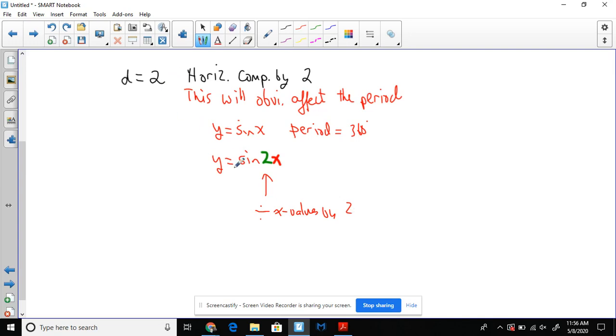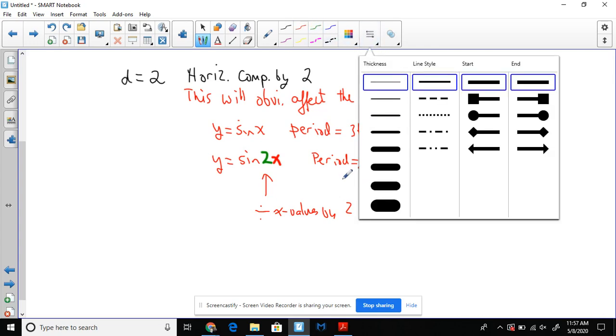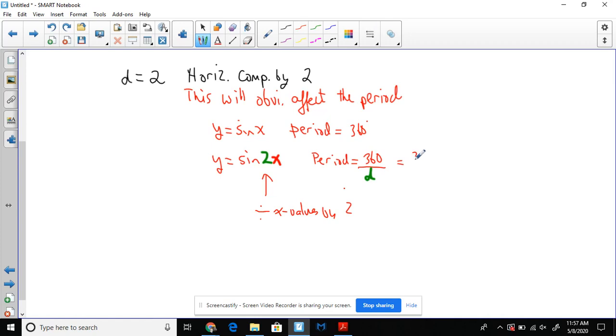But now if I want to find the period of the graph sine 2x, well, the period is going to be 360 divided by whatever the d value is. So it's going to be 360 divided by 2, which means the period of this one is 180.